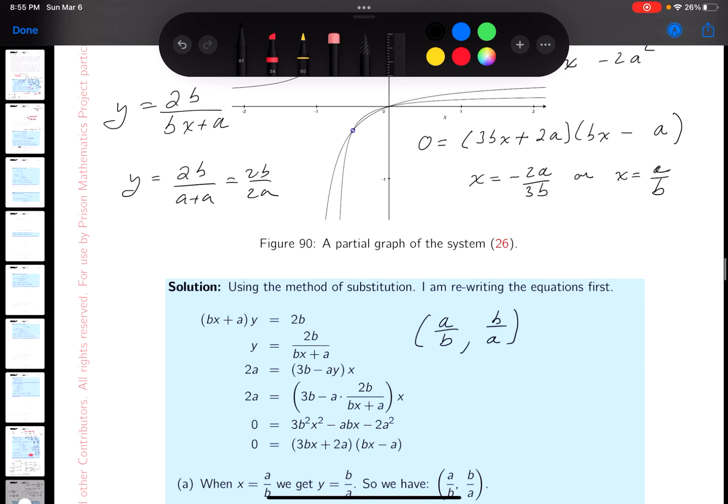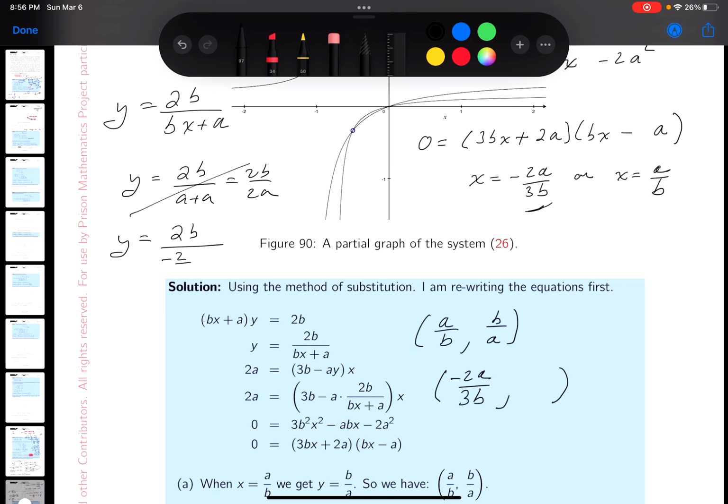Let me do the other one now, right? The other one is, where you get minus 2a over 3b, comma, and I'm going to plug it in. So what do you get? Y equals 2b, and now you're going to get what? You're going to get minus 2, because I'm multiplying the x by b, and again, this is the x over here now.